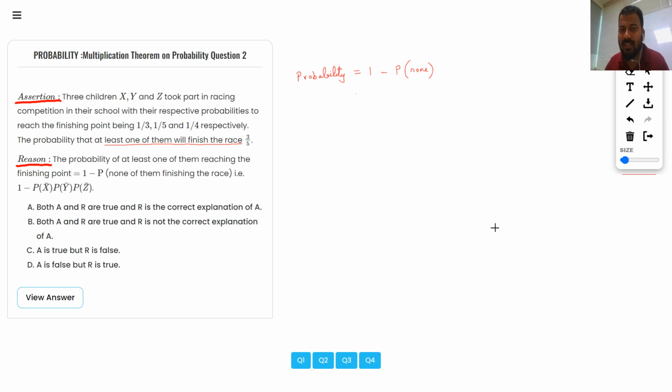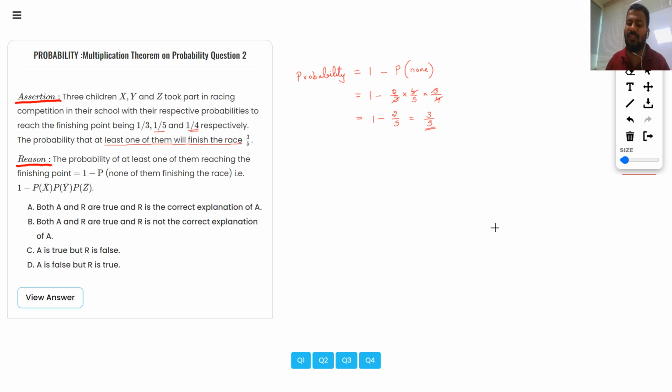So now if I want to find out none of them, I can say 1 minus the probability that the first one will not finish the race, which is, 1 over 3 is finishing the race, 2 over 3 will not be finishing the race, times 1 over 5 will be finishing the race, 4 over 5 will not be finishing, 1 over 4 is finishing the race and 3 over 4 is not finishing the race. So now if I take this out, 1 minus, I can cancel out 3 and 3, 4 and 4, it will be 1 minus 2 over 5, which is nothing but 3 over 5.